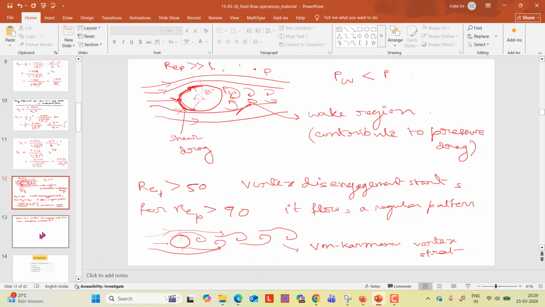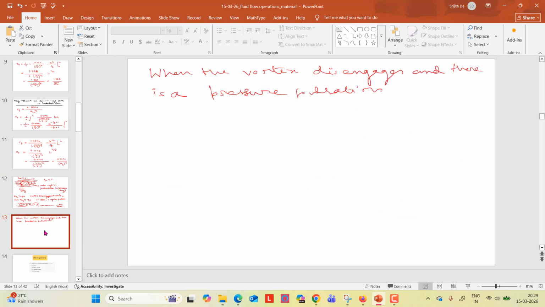There are pressure pulsations in the wake region because pressure fluctuations will happen.